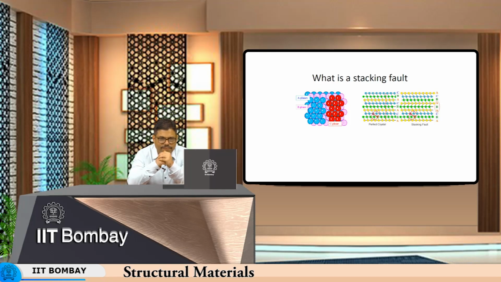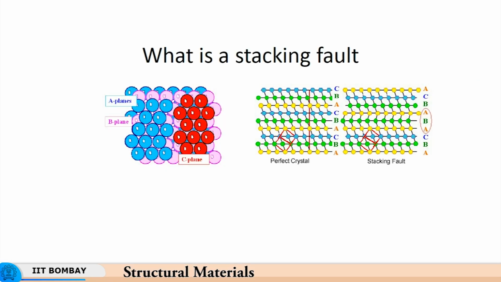Let us see what a stacking fault is. You have A plane, B plane and C plane, so ABC is the sequence, and that gets disrupted. You have a perfect crystal, but then a stacking fault develops. Here CBA is the regular arrangement of atoms, and now that gets disrupted and you have ACB, ABA, CBA.